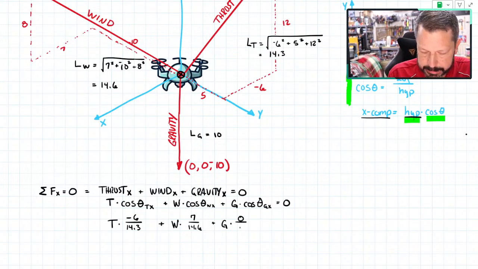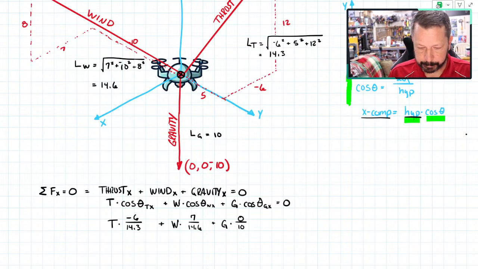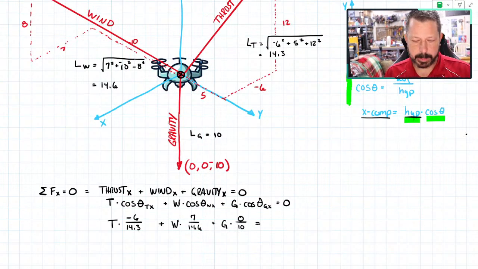So even though that one's 0, I can't just throw it out. I do need to include a 0 in my matrices. Equals the residual part, which will just be 0.